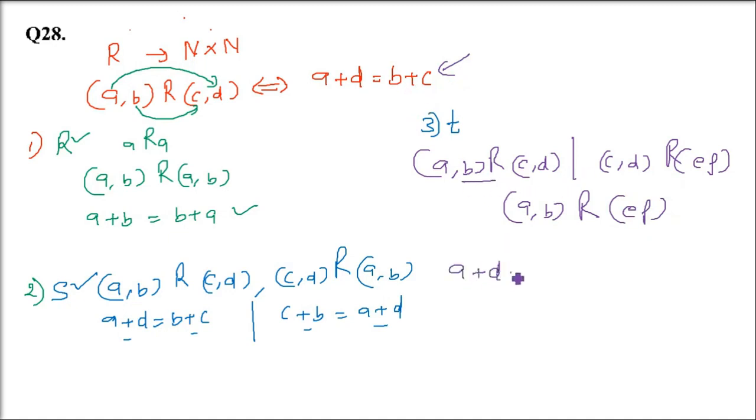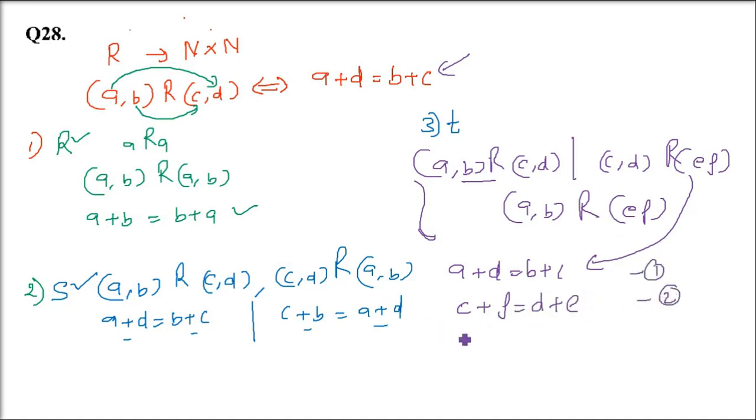From the first, we get A plus D equals B plus C. From the second, what do you get? You get C plus F equals D plus E. Now what do we need? A plus F equals B plus E. Since we can add these two equations, because terms can get cancelled: A plus D plus C plus F equals B plus C plus D plus E. D cancels out, C cancels out.